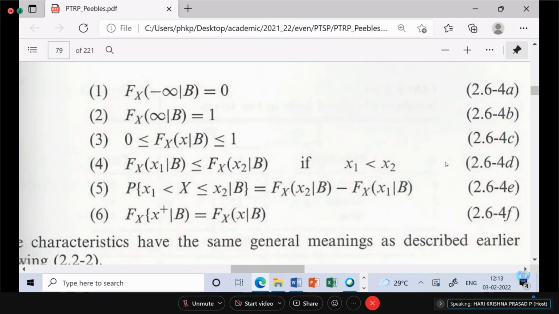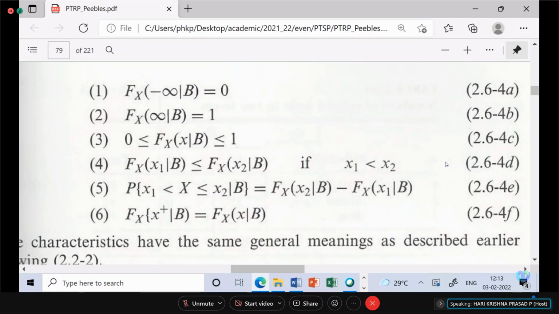When it comes to the fourth property, as you consider larger values for x, the values taken by the random variable, the distribution function is always an increasing function of x. That means as you include more and more values for the random variable, the distribution function will keep growing, or at least it remains there.